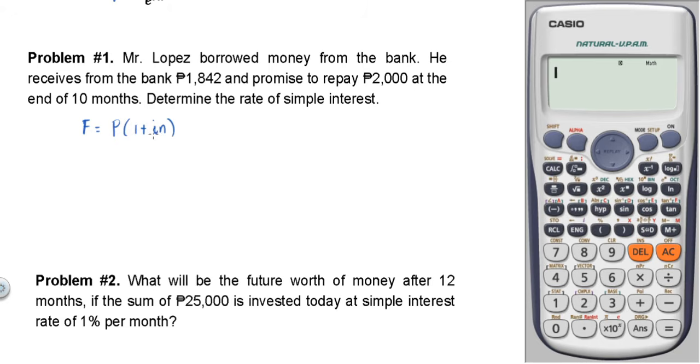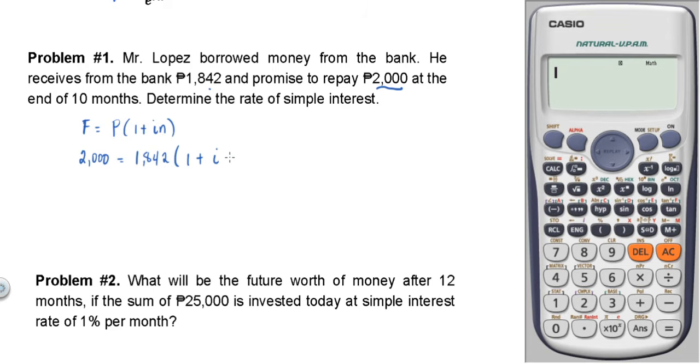Ang hinahanap natin is the i, or the rate of simple interest. Okay? So, F is 2,000. Ito yung kanyang babayaran, no? Equal to, ano tanggap niya sa bangko is 1,842, times quantity 1 plus, ang hinahanap natin is the rate of simple interest, i.